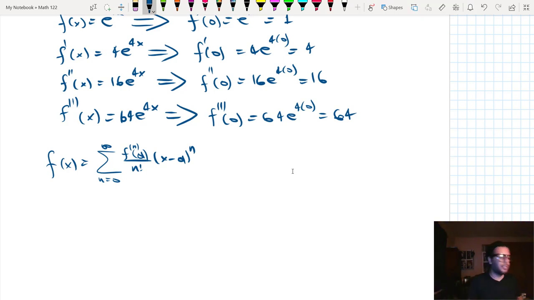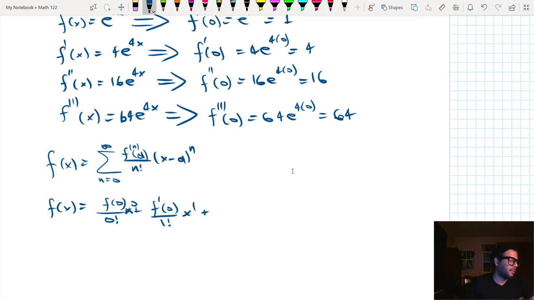So I'm going to write this as f of x equals f evaluated at 0 over 0 factorial times x to the 0, I almost forgot the powers again, plus f prime evaluated at 0 over 1 factorial x to the first plus f double prime at 0 divided by 2 factorial x squared plus f triple prime at 0 divided by 3 factorial x cubed plus dot dot dot.